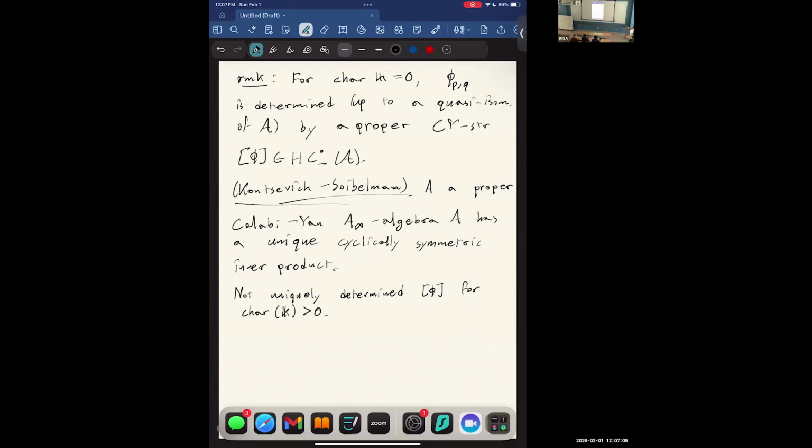And I'll just write down now that in the special case where A is the Lagrangian Floer cohomology, I already said this out loud, but the class phi comes from Ganatra's cyclic open closed map.